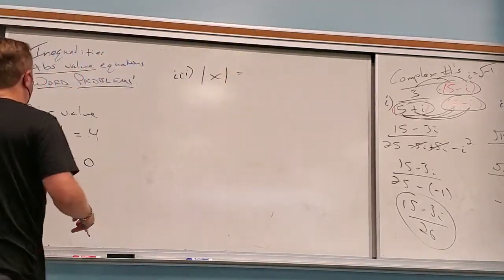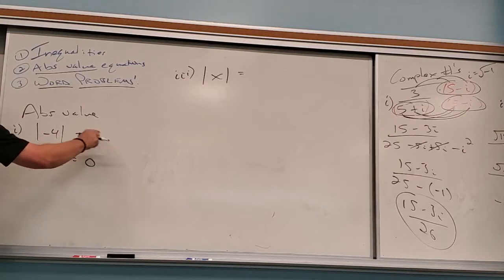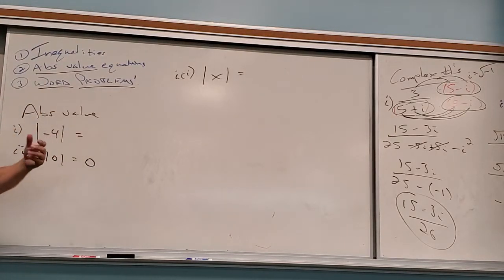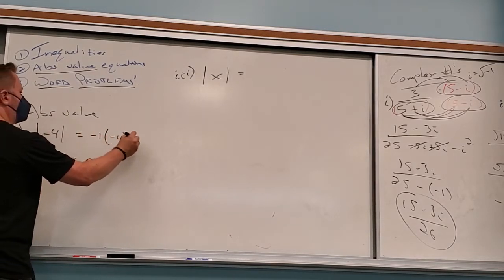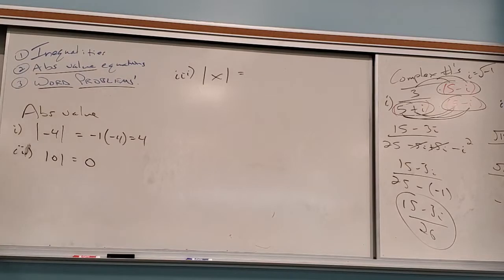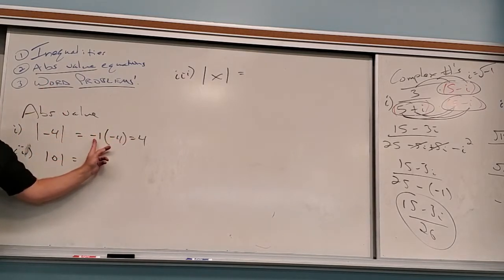Now watch this. We said the absolute value of negative 4 is 4. What do we actually do to negative 4 to make it become positive? Multiply by negative 1. That is actually what happens. Now you can think of it as just taking the negative off, but that is actually what it does. If the input is negative, it changes the sign, it multiplies it by negative 1.